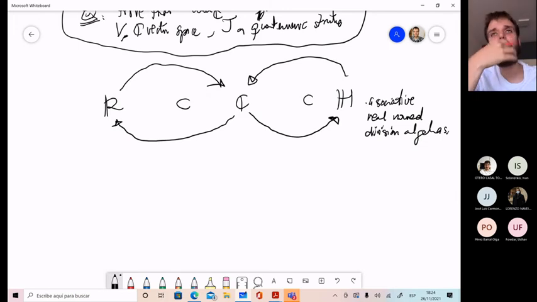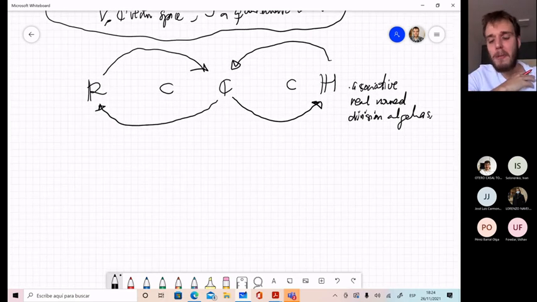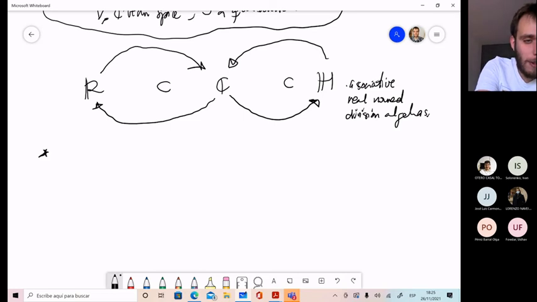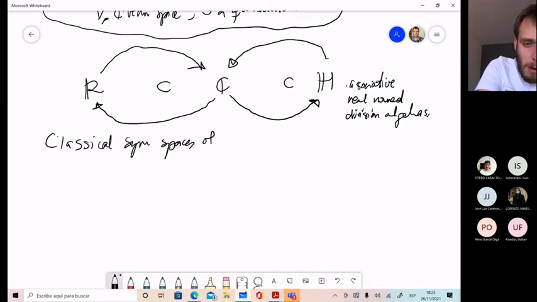So this is something that I discovered, a way to remember all classical symmetric spaces. Maybe you all knew how to do this. So classical symmetric spaces of compact type.